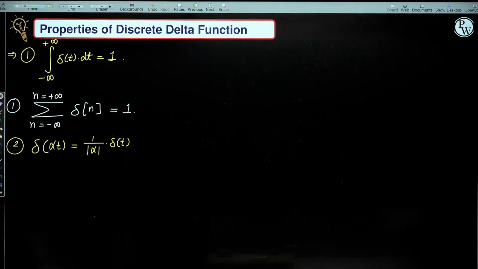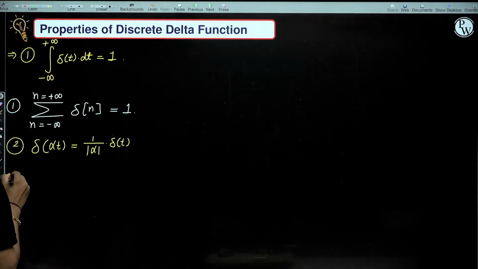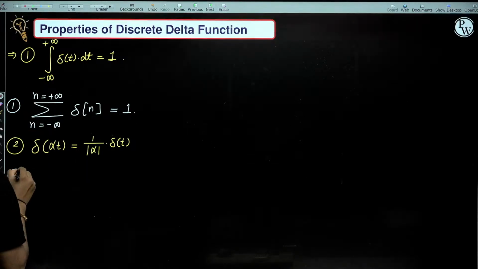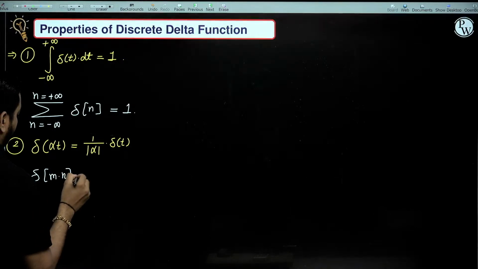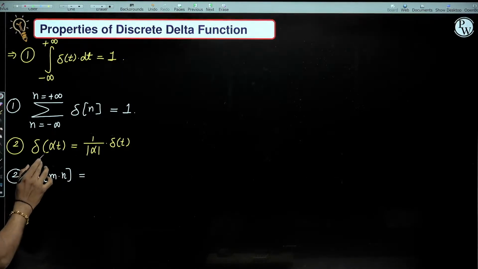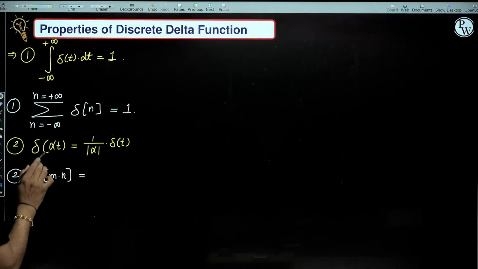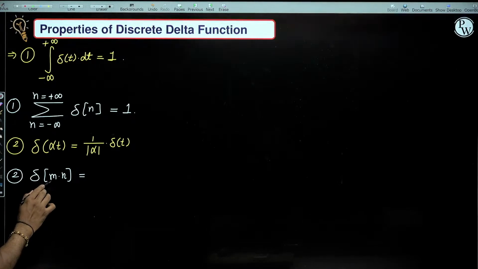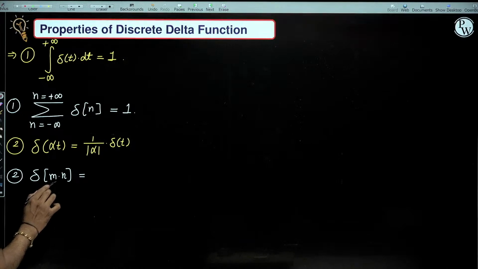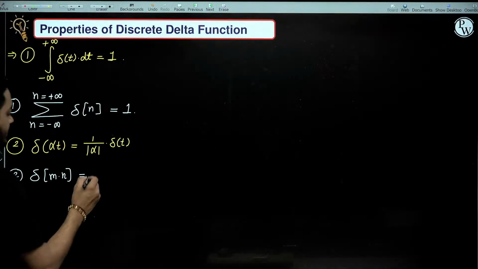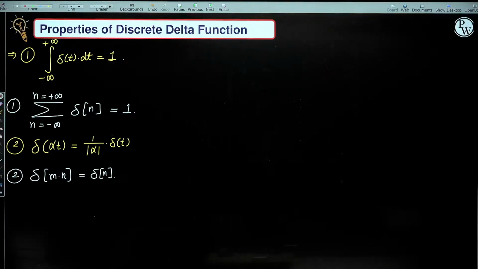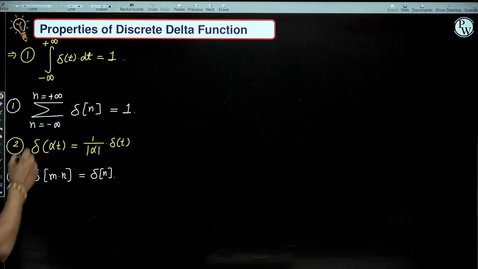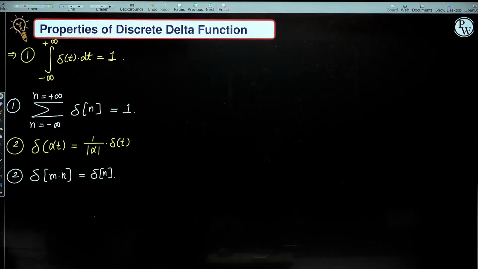Here alpha is a scaling factor. In a similar way, we have seen del of m n, where m is a scaling factor. So what will be the answer, guys? Here it is del n only. Correct? So this is the second property, the scaling property.